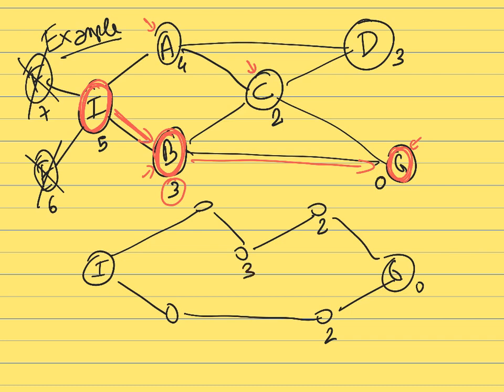Then the distance of this node from the goal would be 3. The distance would be 4 here. The distance would be 5. And then the distance of the initial state from the goal would be 7. Again, this map is clearly not to scale, but let's just take it as an example.